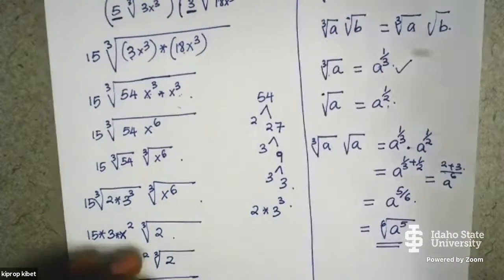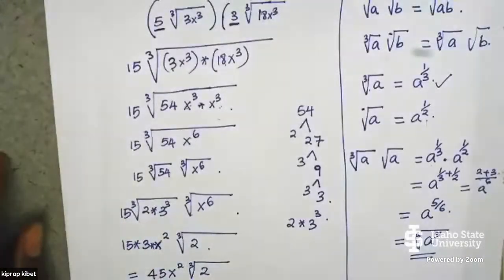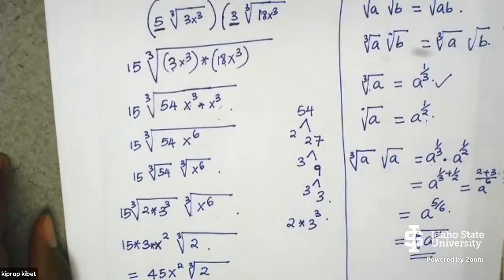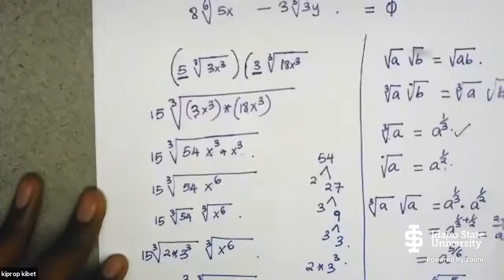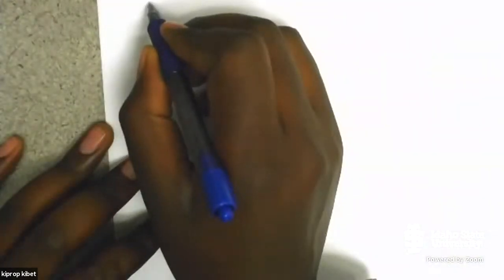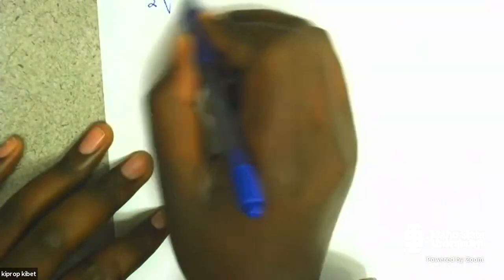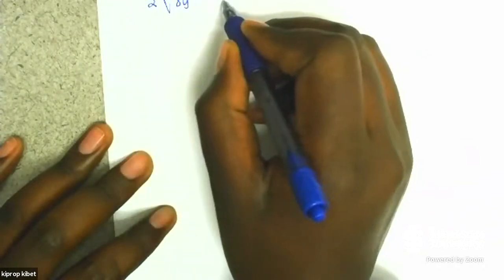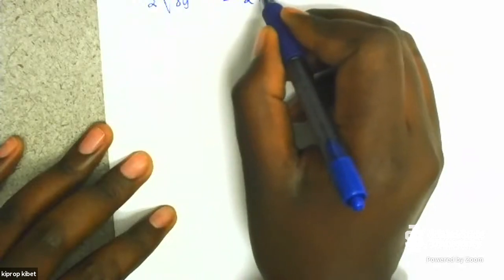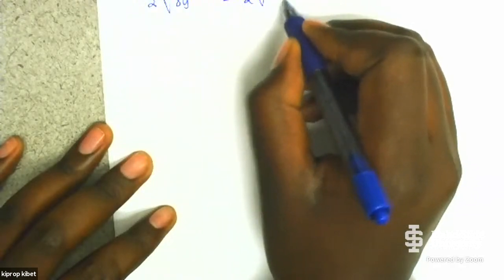Any question? Now let's look at another example. Simplify the fourth root of 8y squared minus 2 the fourth root of 12y.